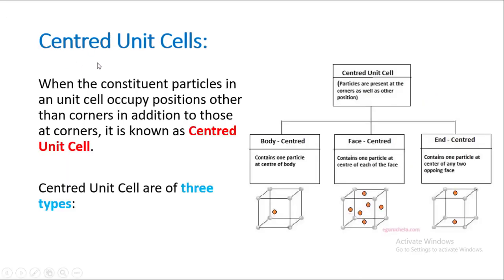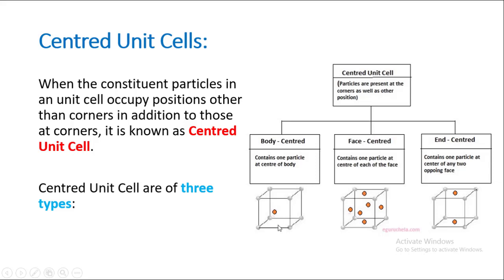Next, coming to the centered unit cell. When the constituent particles in a unit cell occupy positions other than the corners, in addition to the corners, it is known as the centered unit cell. So let us look at the three types of centered unit cell: the body centered, face centered, and end centered.